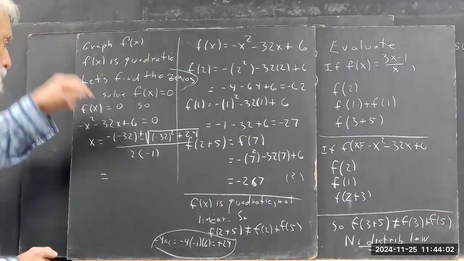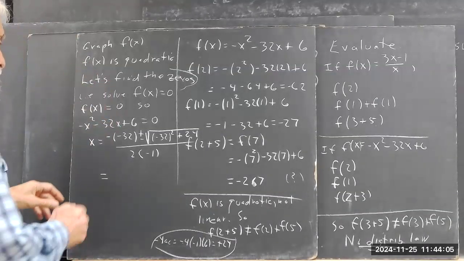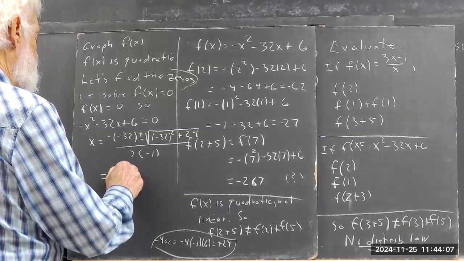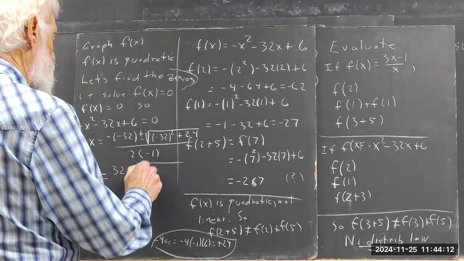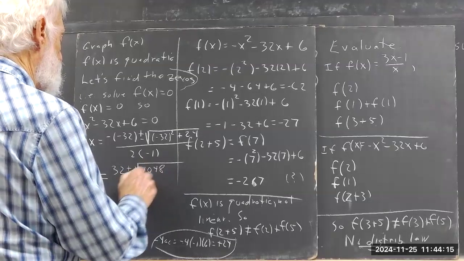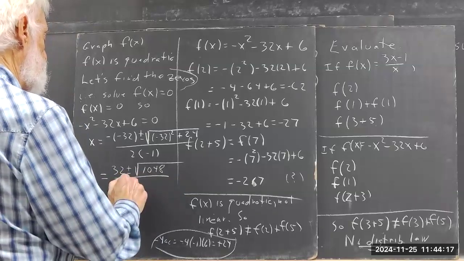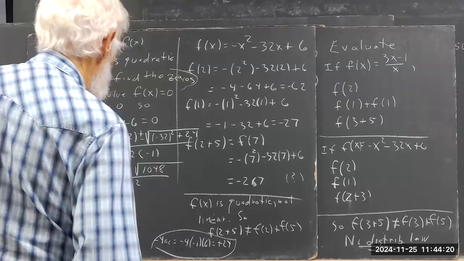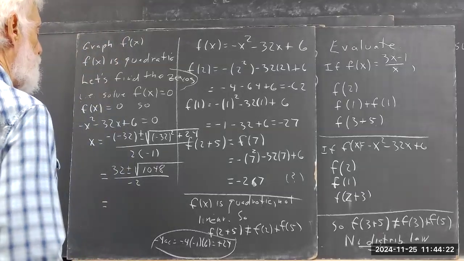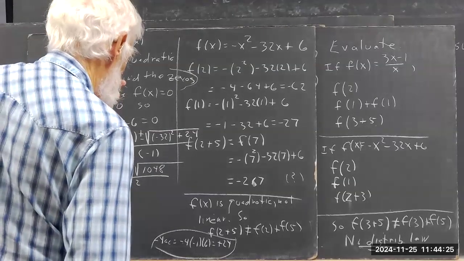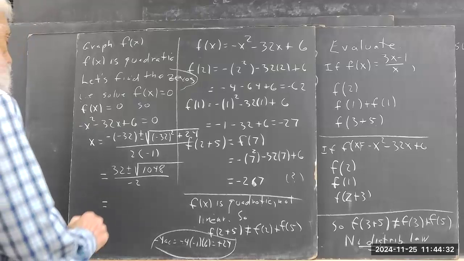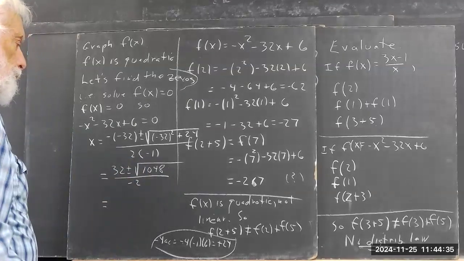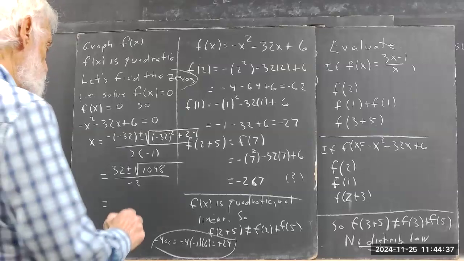Anyhow, you put this all together and you get 32 plus or minus the square root of 1,048 over negative 2. Well, we can simplify that square root of 1,048.